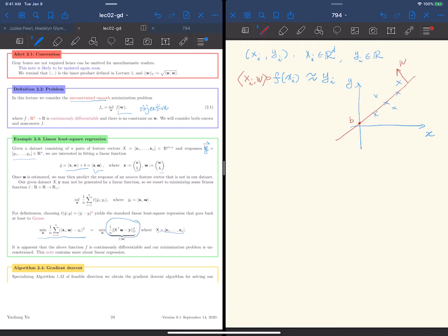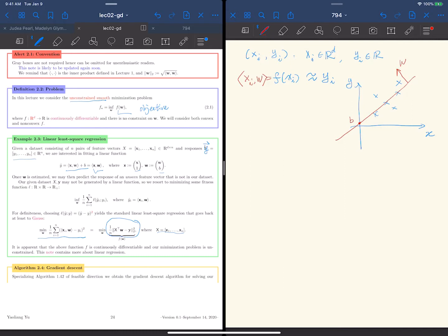This is our objective function f, and it's clear from this example that the function f is continuously differentiable. In fact, you know the derivative of this function. If you go back to the previous lecture where we had an example on how to compute the gradient of a quadratic function. This is a quadratic function here, and there's no constraint whatsoever on w.